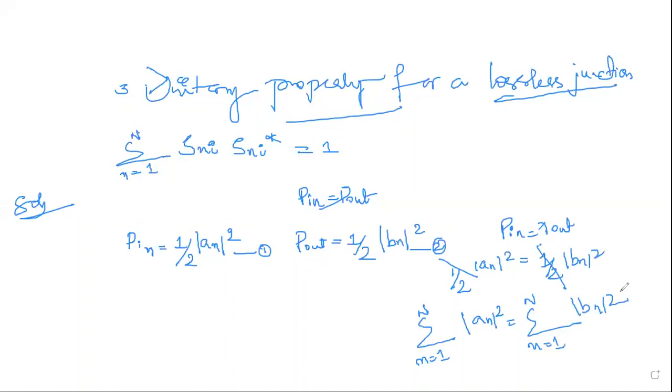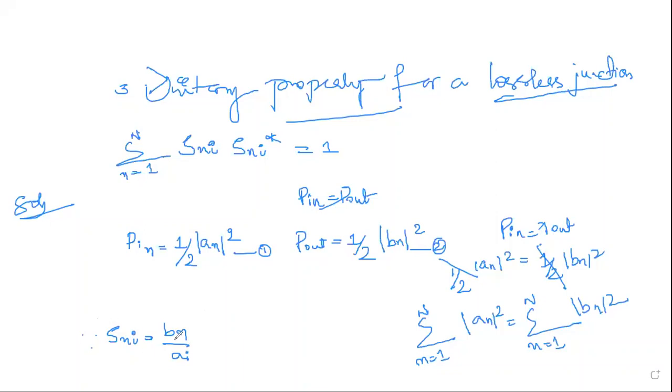So this is mainly because I'll be considering n number of networks. Now here, if I take the scattering parameter Sni, we know that it is nothing but the reflection coefficient Bn divided by Ai.